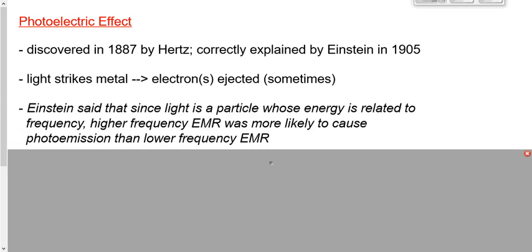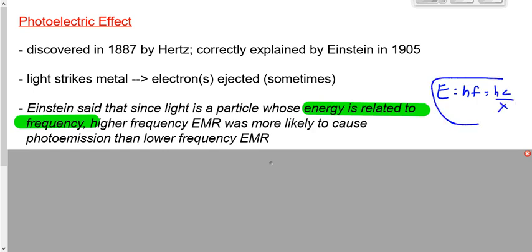So here's Einstein's explanation. Light is a particle whose energy is related to the frequency. This is the most important part of this whole deal, that the energy of the light is related to the frequency. By the way, it's also related to the wavelength, right? Einstein said that E is equal to h times f, but f is equal to c over lambda, so we could say h times f is equal to hc over lambda.